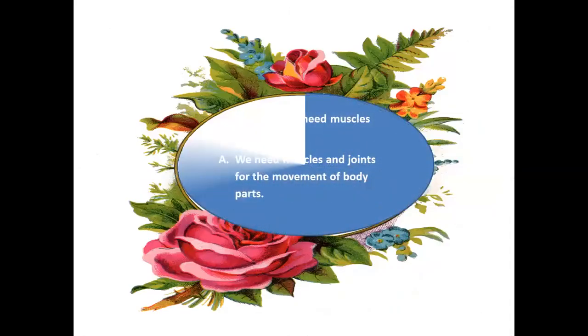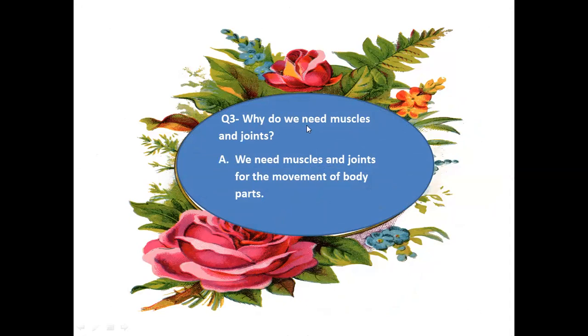The next question of this chapter is, why do we need muscles and joints? Bones do not work alone. They move with the help of muscles and joints. Joints help the skeleton to move. They allow us to walk, run, bend, or lift things.